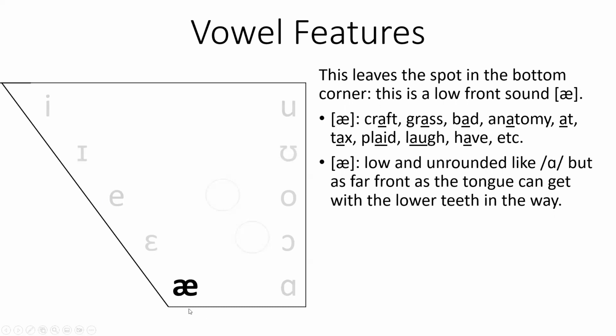We said we have this trapezoid, right? Because we have the teeth and the gums up here, there's not any room to make a vowel there, but as far front as you can get is where this sound is. This is why a lot of languages don't have it, because the low front and low back vowels are pretty close together, as opposed to e and oo, where you have multiple inches separating where the tongue is.